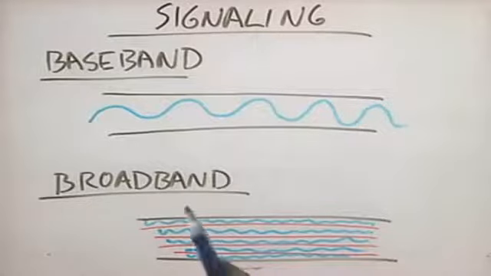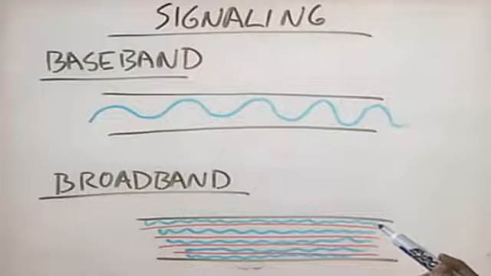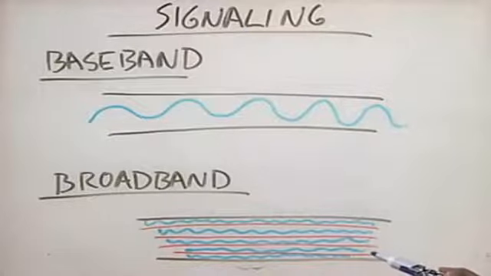You want a good example of broadband signaling? Think of your cable TV system. If you have cable TV, you have channel 2, 4, 5, 6, 7, etc. You have multiple signals all using the same cable at the same time.